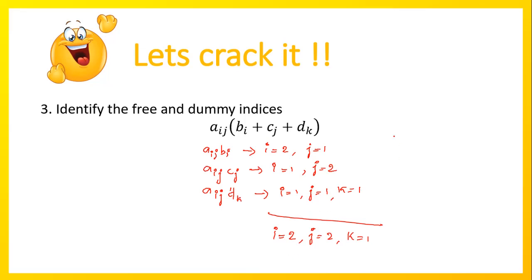So in this particular expression, k is the free index and i and j are the dummy indices. Hope you are clear with this idea.